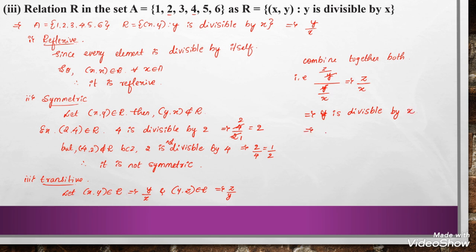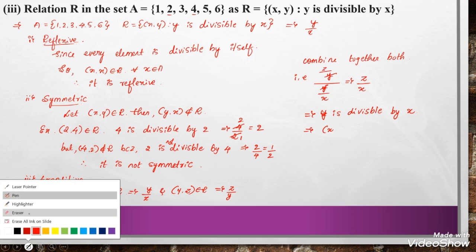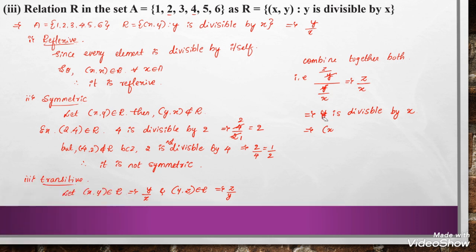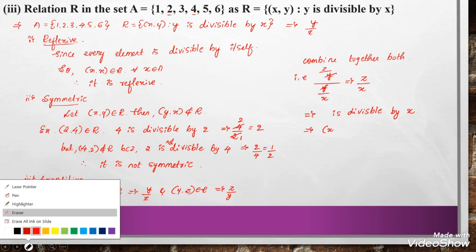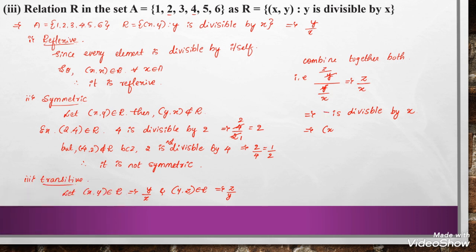So x comma z belongs to R. Hence it is transitive.